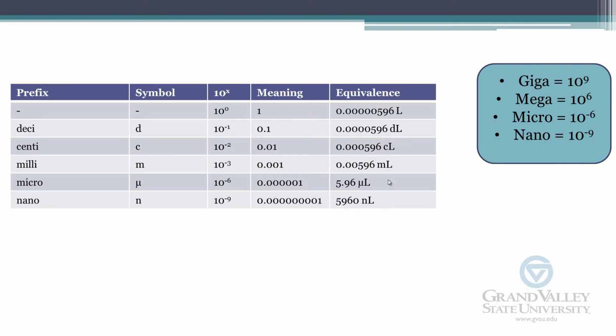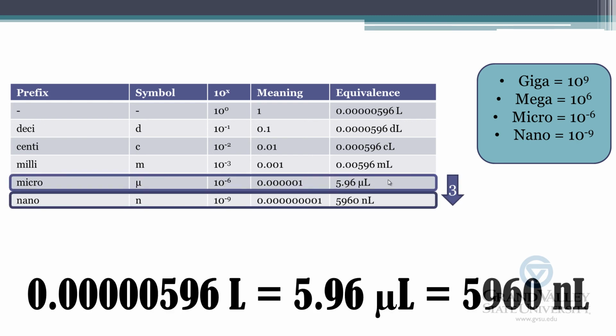Similarly, nano, which is 1 billionth, or micro, which is 1 millionth, are used for really small numbers. This would make 0.0000596 liters equal to 5.96 microliters, or 5,960 nanoliters. Although very large or small, these prefixes are still very common in the science world today.